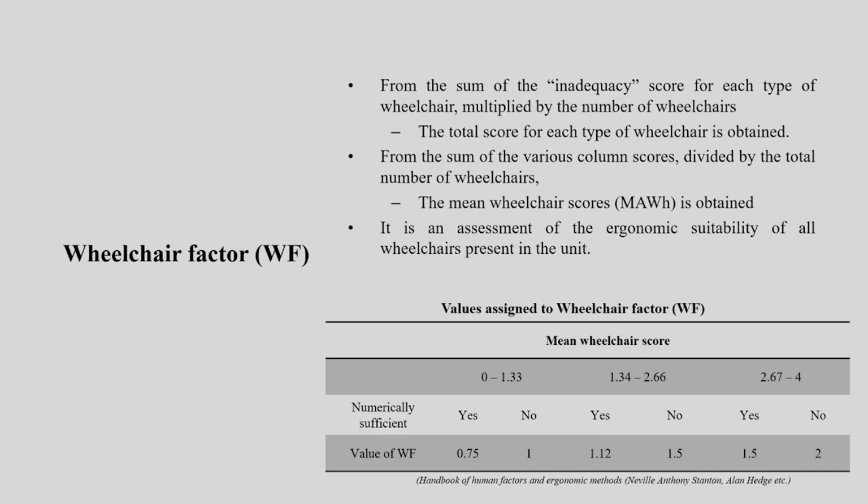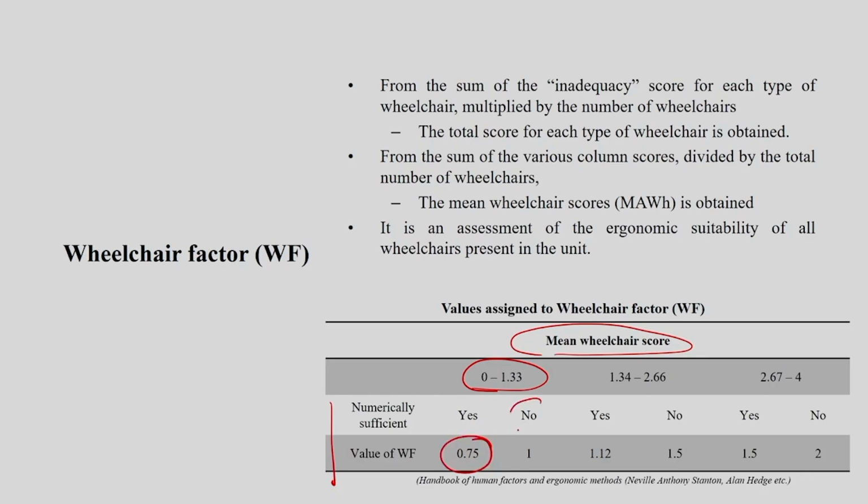It is an assessment of the ergonomic suitability of all wheelchairs present in that particular unit. So, how are you going to get that? If this mean wheelchair score is 0 to 1.33, and numerically it is sufficient, then the value is this.